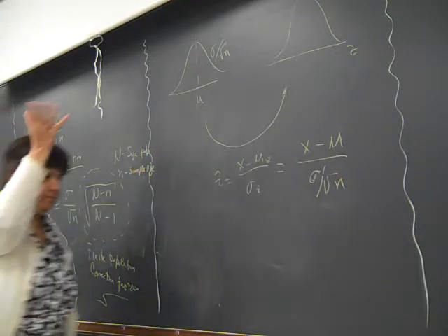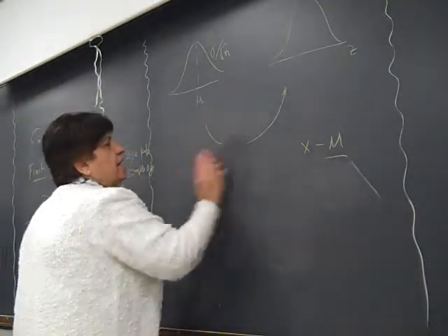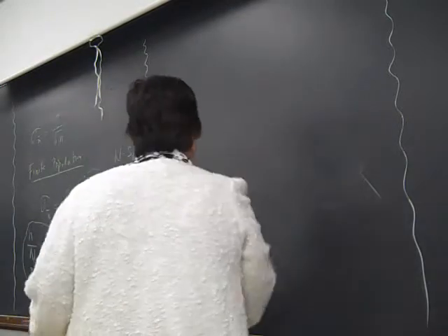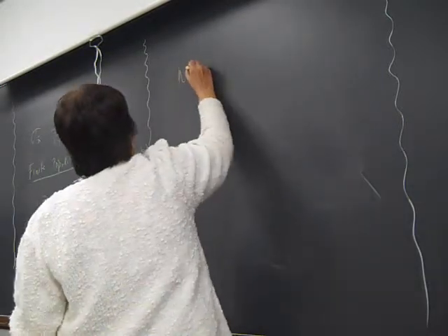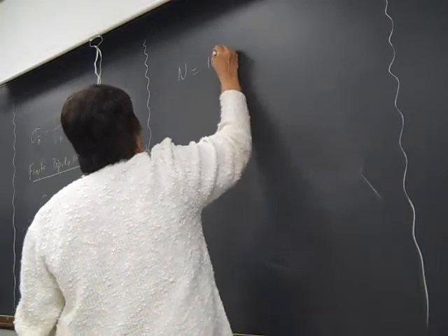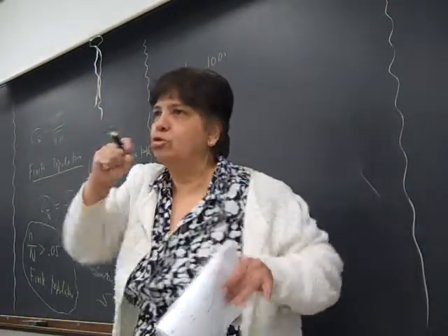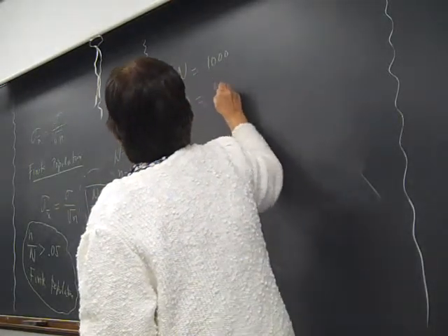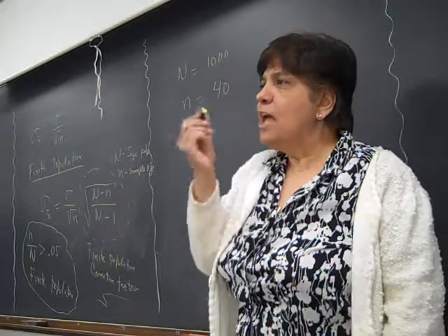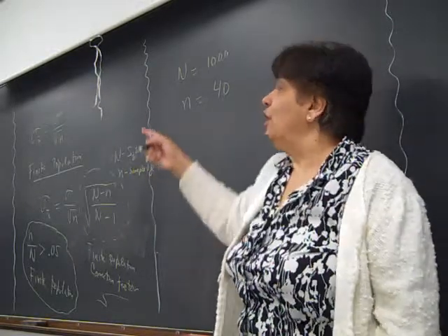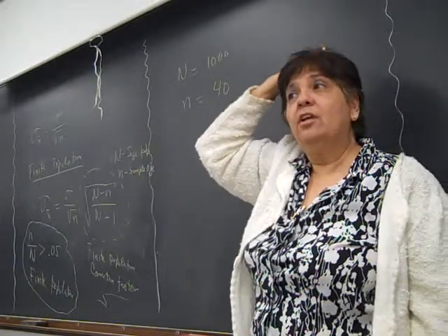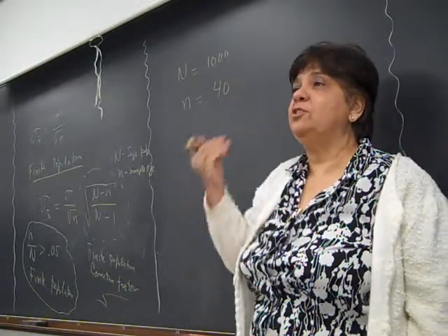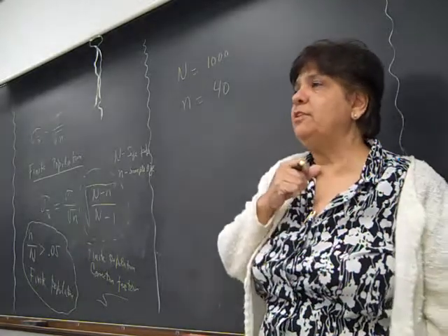So let's say that I have a sample size of 40, and my population size is equal to 1,000. So I have 1,000 to draw the sample from, and my sample size is equal to 40. Shall I use or shall I not use the finite population correction factor in order to calculate the standard deviation of the sampling distribution?